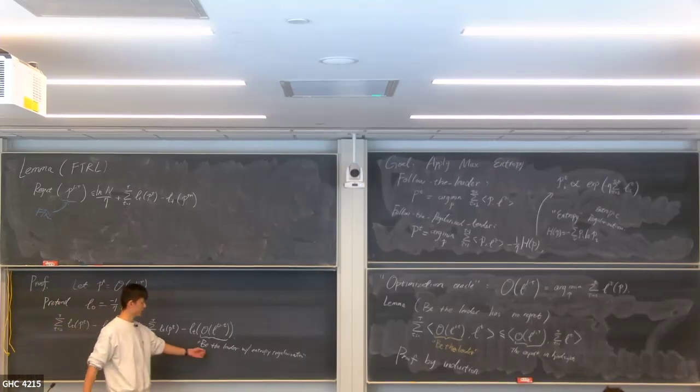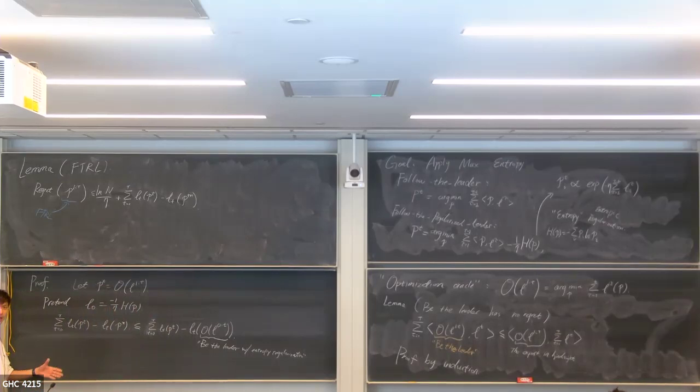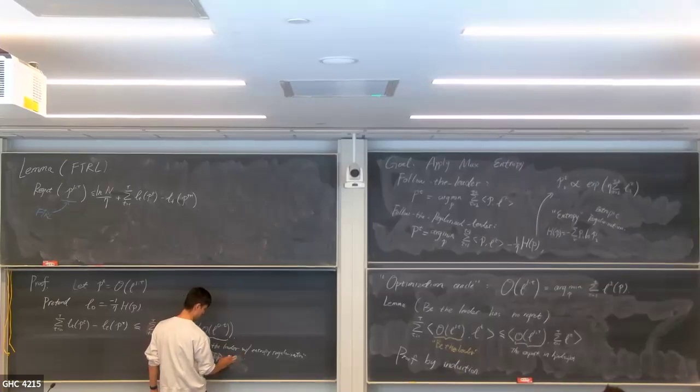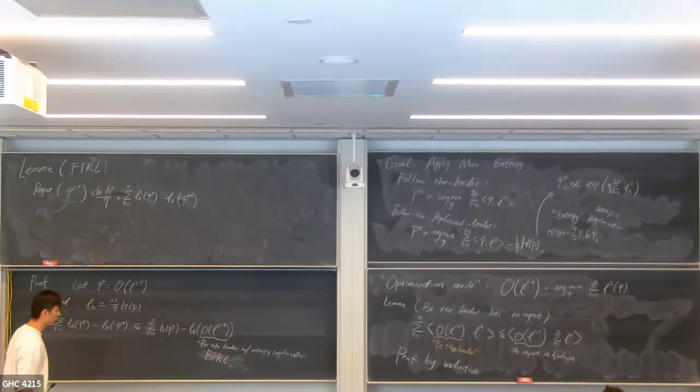So this is sort of be the leader, if you account for the extra round 0 of the regularization. So you can almost think about this as be the regularized leader.